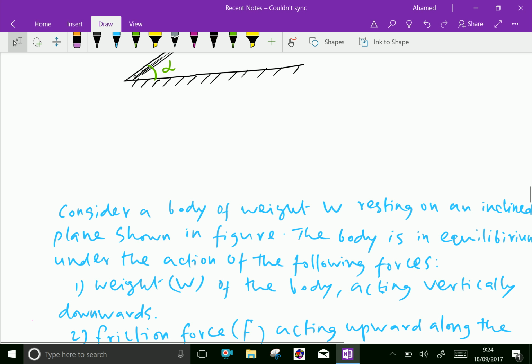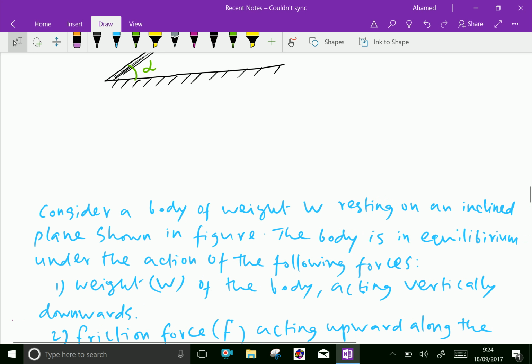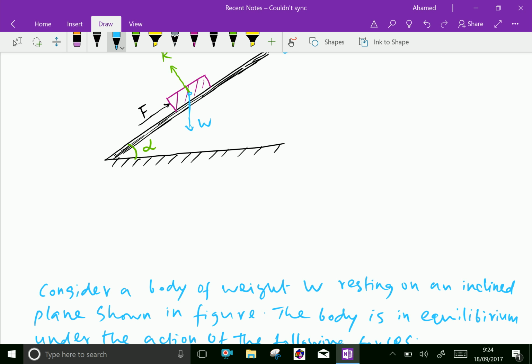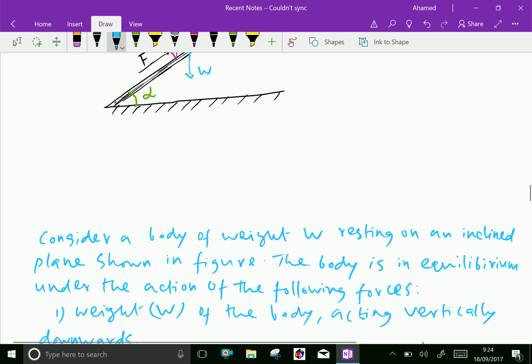Consider a body of weight W resting on an inclined plane, as already explained and shown in the figure. This body is in equilibrium under the action of the following forces. The body is in equilibrium, which means all forces around that body are balanced.